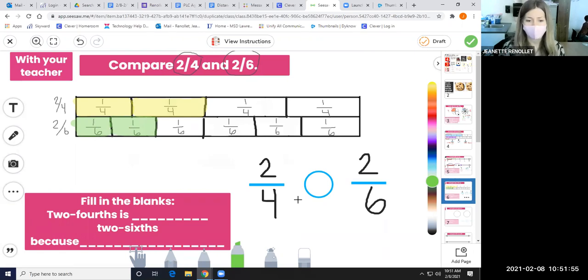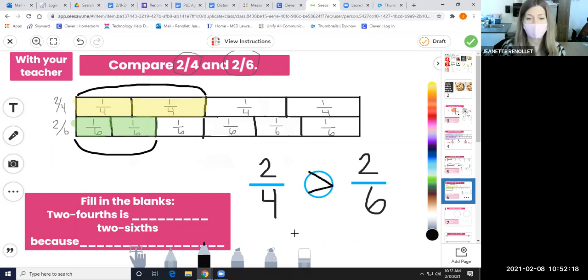Now we can look at our model to determine a comparison. 2/4 has more area shaded than 2/6. So our comparison symbol needs to show that 2/4 is greater than 2/6.